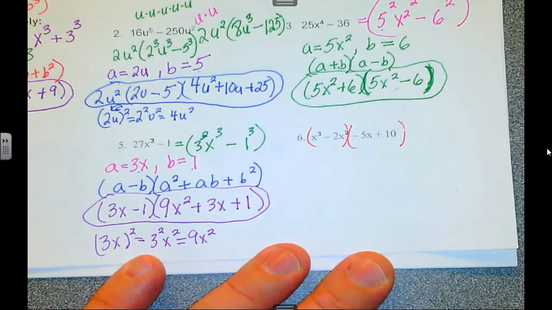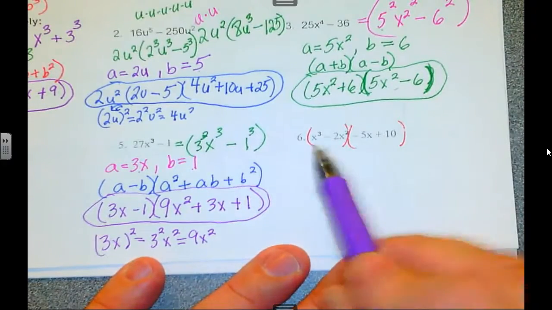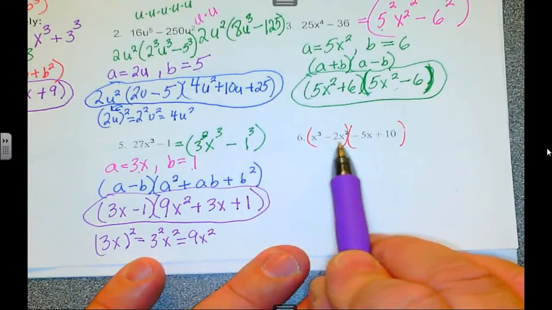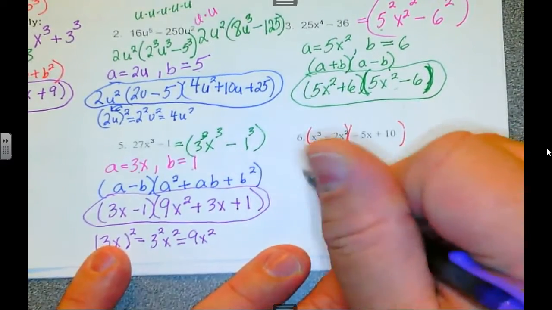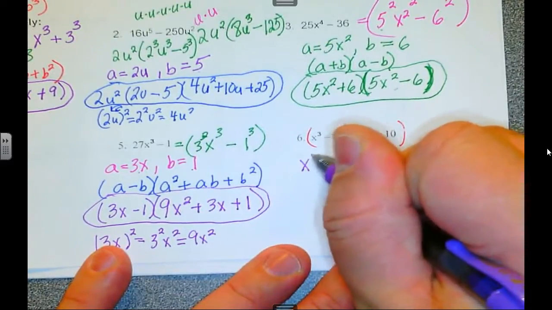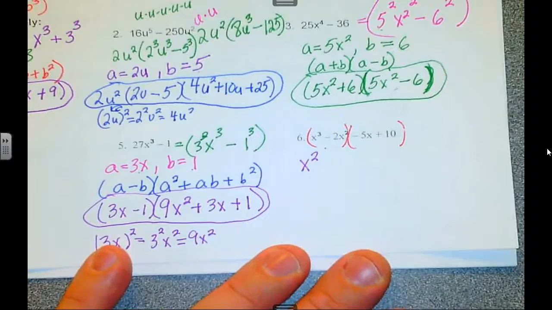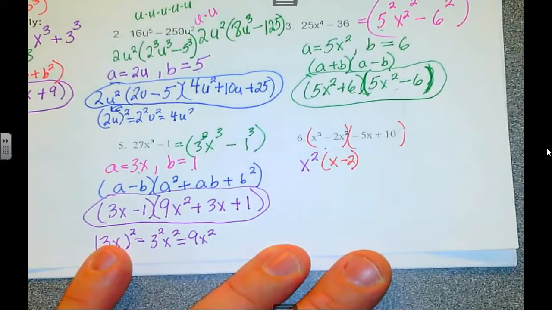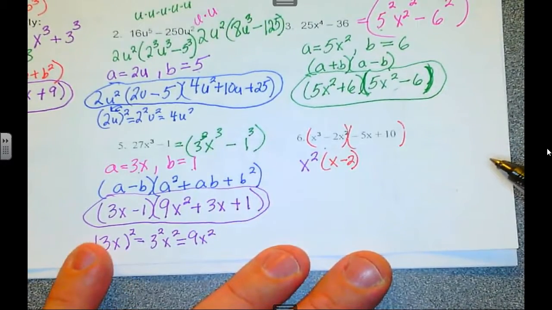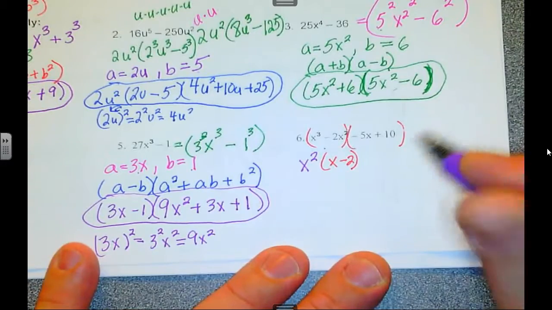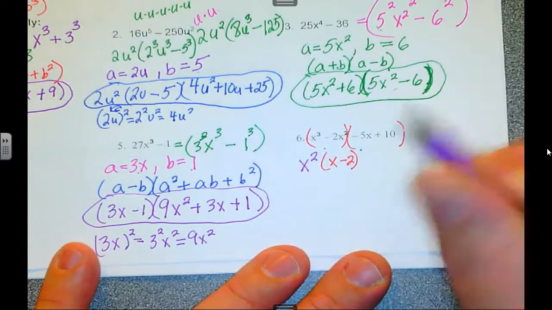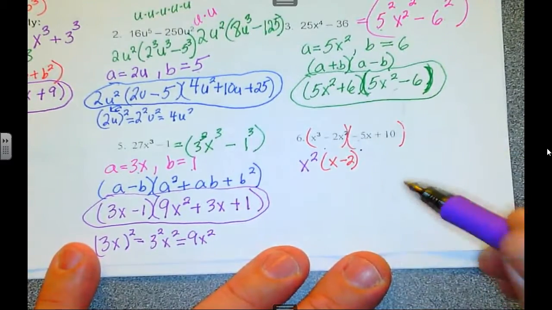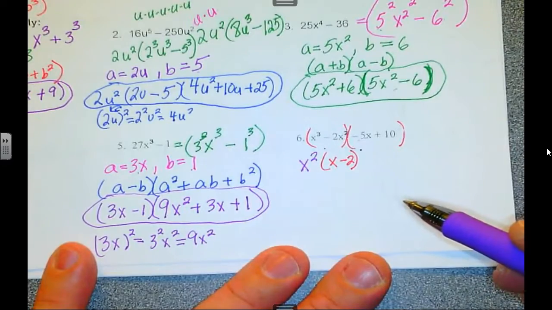Okay, I got to take out a common factor. This first group, what could I take out of x cubed minus 2x squared? How about x squared? Yep. That gives me x minus 2. Second one, what could I take out of the second quantity? I'm going to take out the negative with that because we never really have a negative sign in front, right?